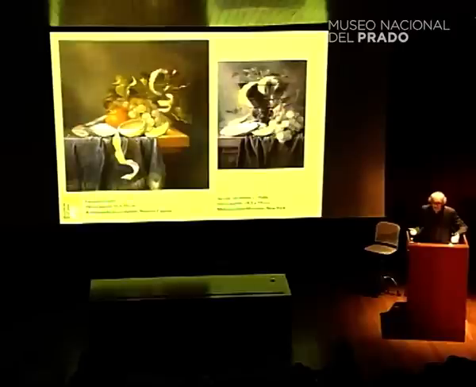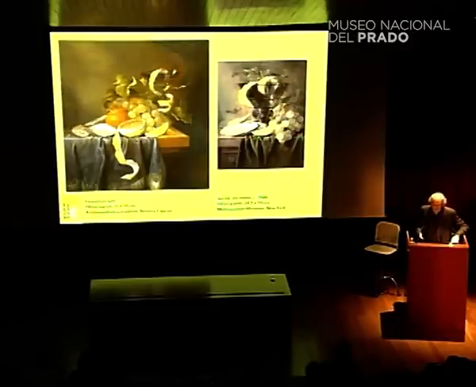Other painters, such as Laurens Kraan, also imitated de Heem's work. You can see to the left here a painting by Laurens Kraan, to the right a painting from about 1646 by de Heem, now in the Metropolitan Museum in New York.